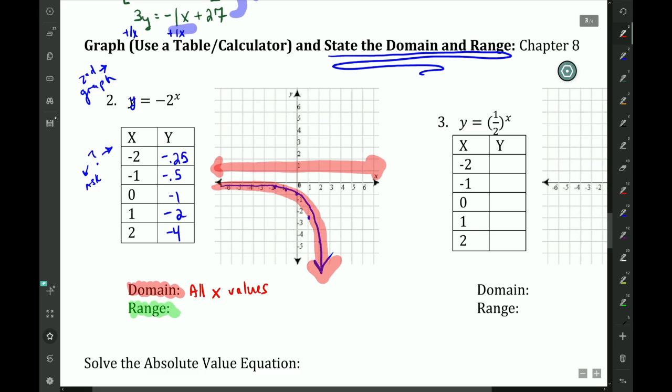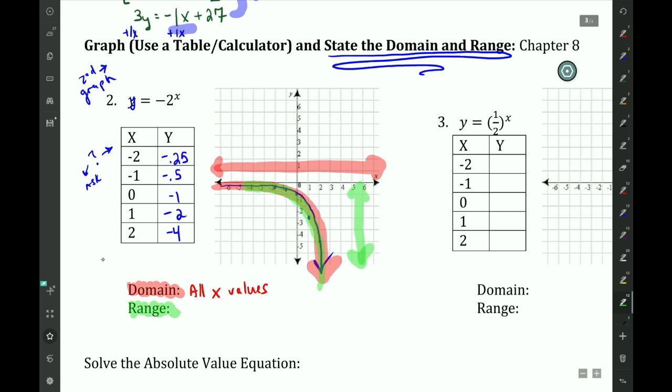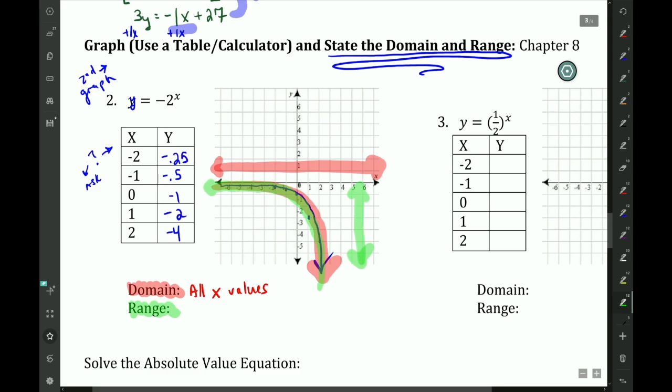The range, if you were to highlight in green, is talking about up and down. So if we trace in green for the range, we can see that we never cross 0. Now range is y, and specifically it's always underneath 0, so y is always less than 0. So that can help you to graph those.